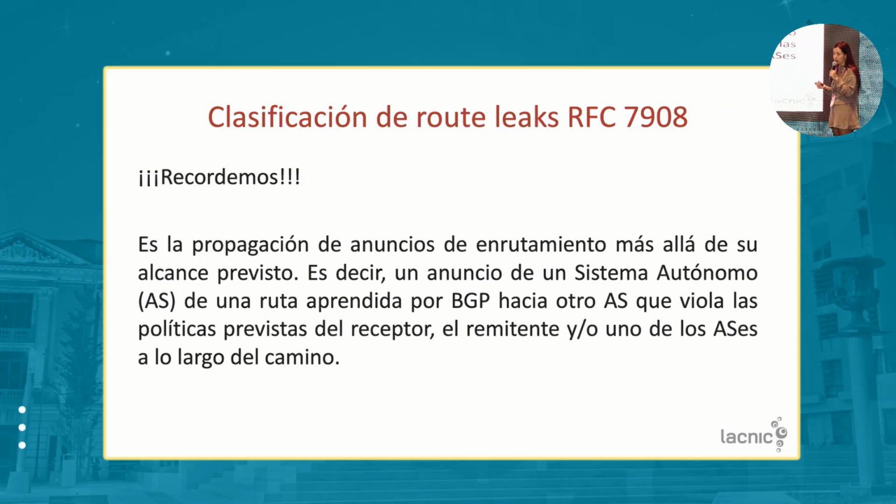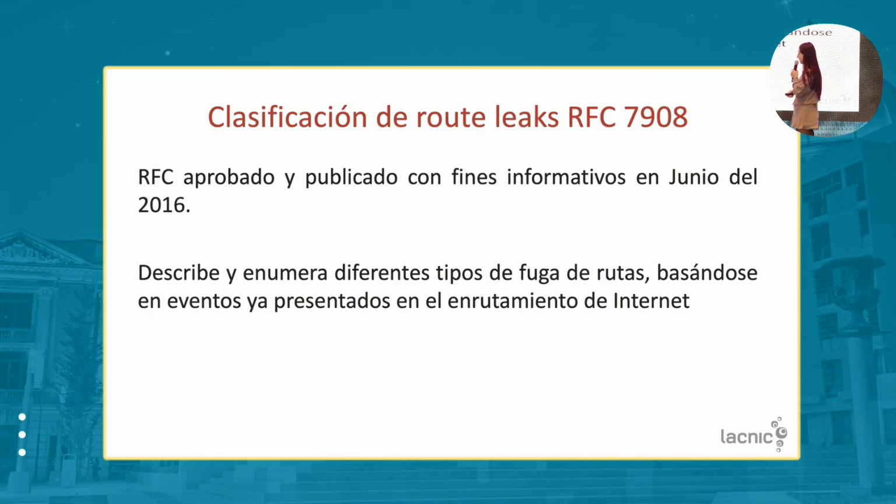These are classified so that we can know which other segments are published depending on the type of interconnection that we have, depending on the route that we have published, from what route we should learn from an AS to another, and also to establish which of these segments could be violating those policies, for example, the forwarder or the receiver, and so classify these in these connections and announcements that are made all along the path. As I said, this is an informative RFC that we have since 2016.